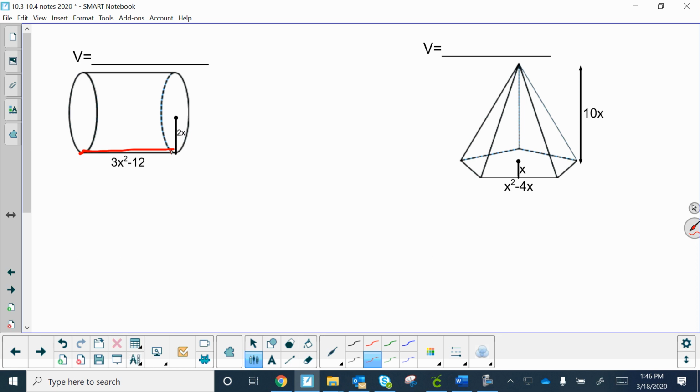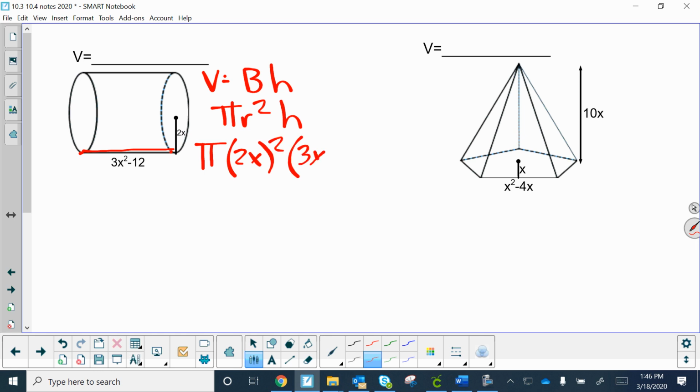So what's my formula? Volume equals capital B times H, which capital B is pi r squared. So we want to use parentheses in this to make sure that you do it right. So the parentheses here for r is 2x, and you want to make sure you square that. And then the height is 3x squared minus 12.